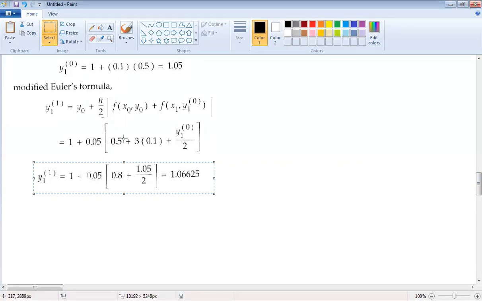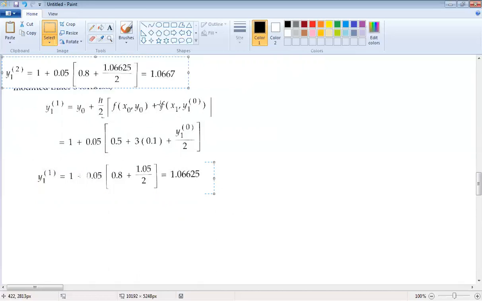So when you feed this in the calculator, you get the value for y1(1) is equal to 1.06625. Remember, this is a simplified form of the modified Euler's formula for this particular problem. To get y1(2), we need to just replace 1.05 by 1.06625, what we have got earlier.